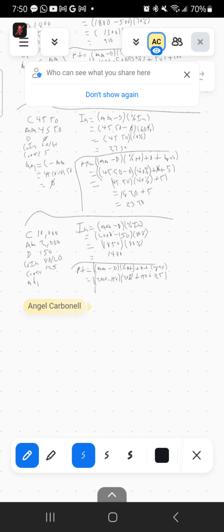So we go $2,000 minus 150, 1,850, just like before. Times now 20 instead of 80.